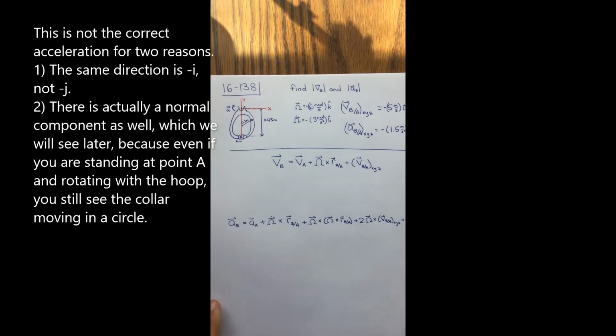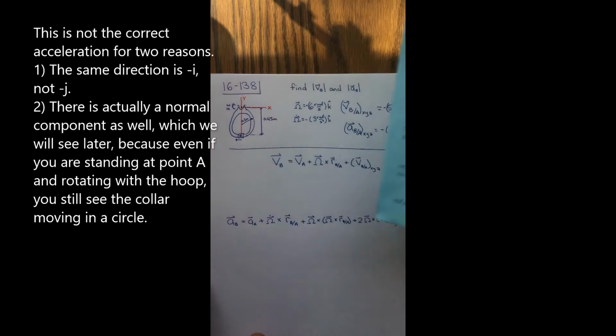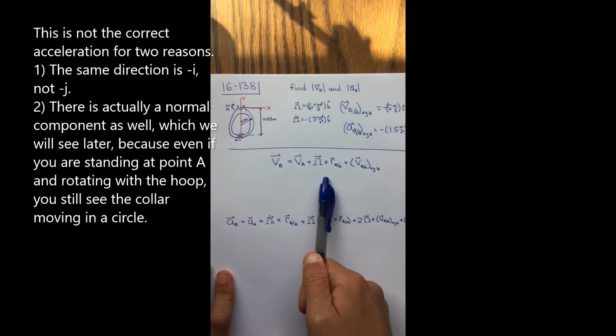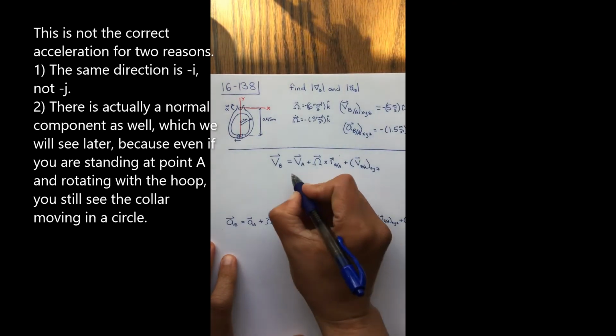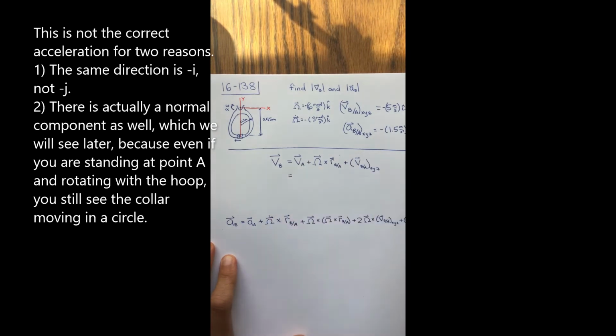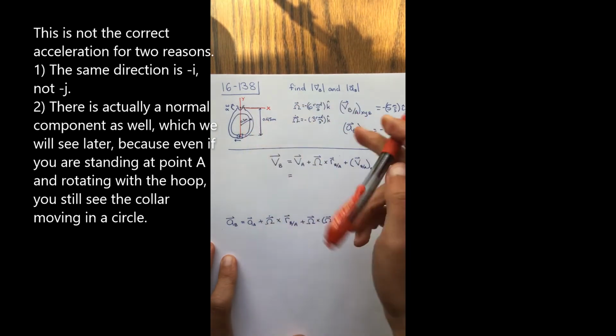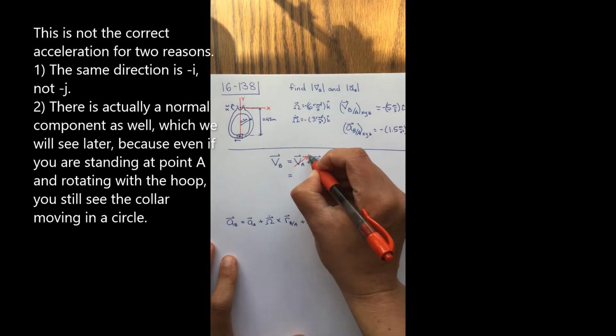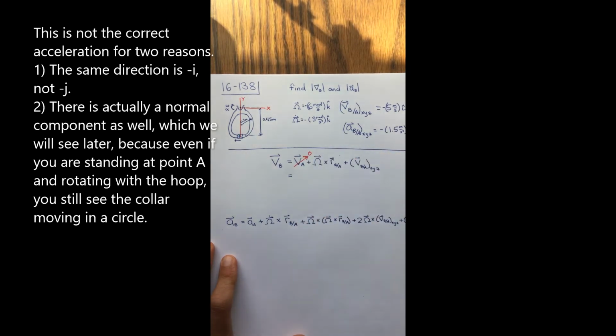Okay, so we're going to use equation 16-26 to find the velocity. So I have equation 16-26 here. The velocity of point A is 0 because point A is not moving. It's staying in the same spot.